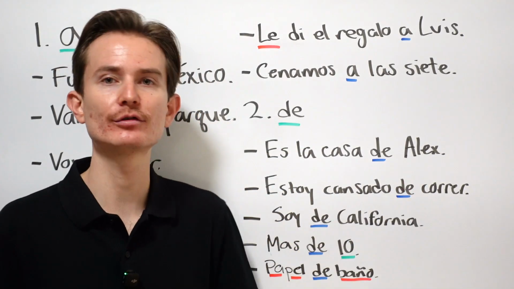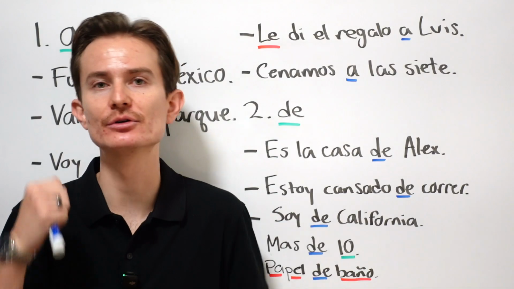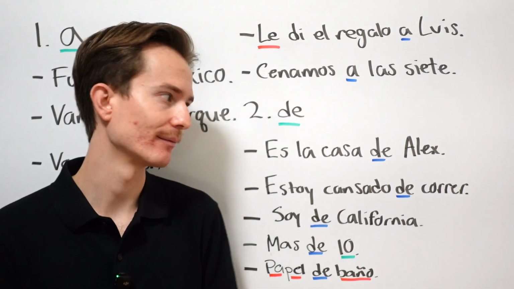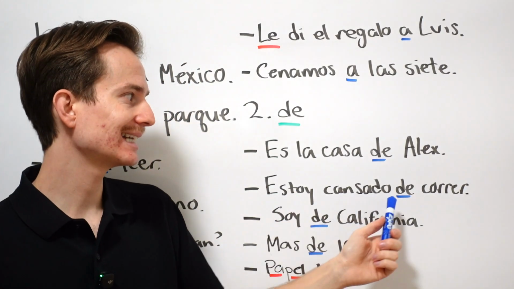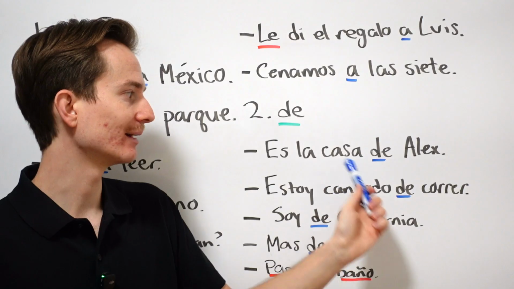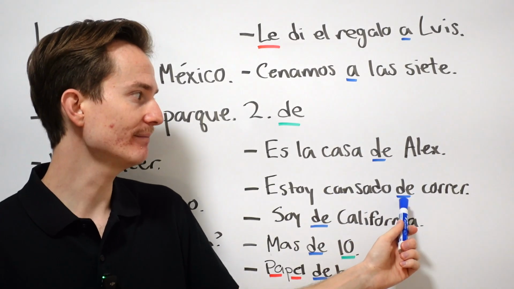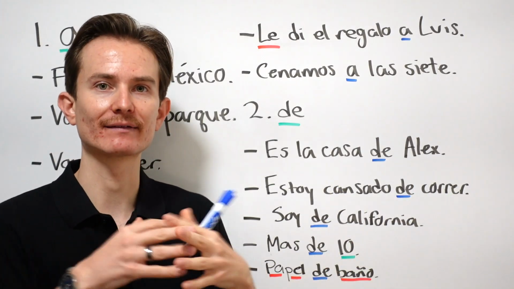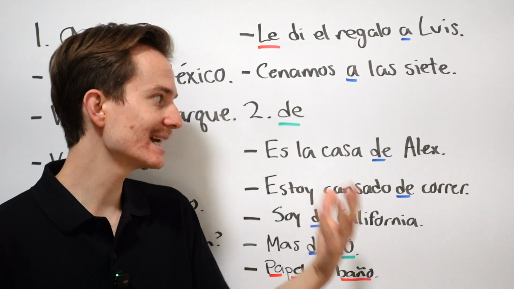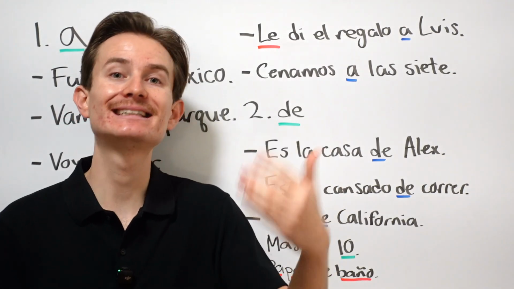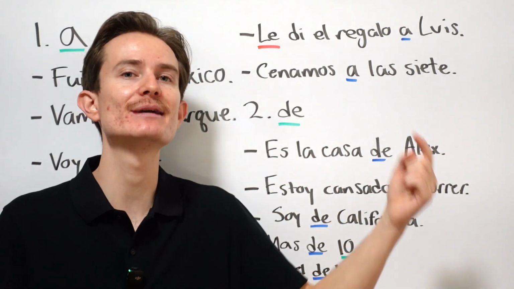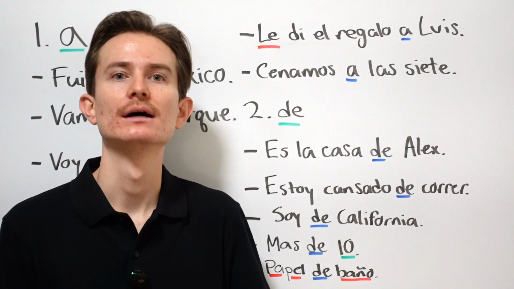I am tired of running, and it sounds like I'm doing it literally right now, okay? Whereas estoy cansado de correr, we have our noun, and then we have de, and then we have our verb, kind of connecting the entire phrase. This takes on the idea of ing, but it doesn't necessarily need to be happening right now.